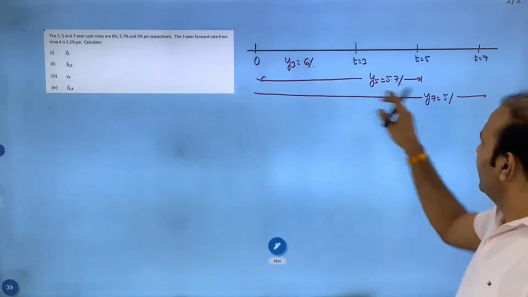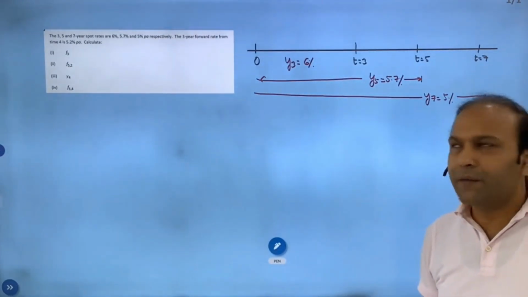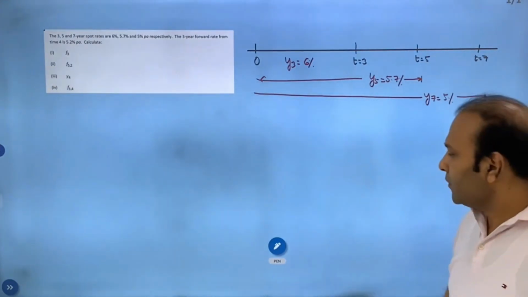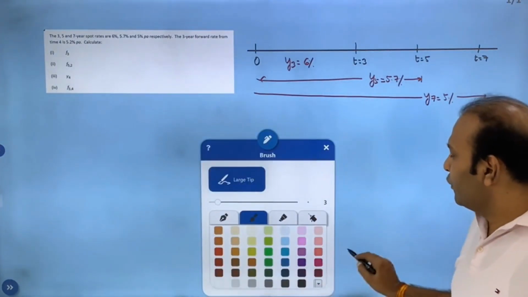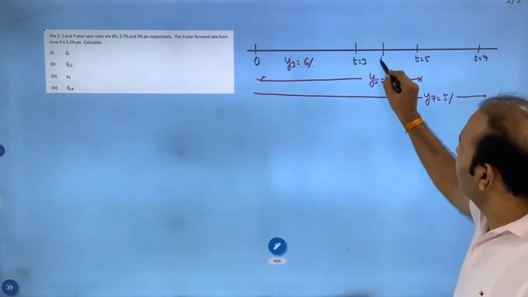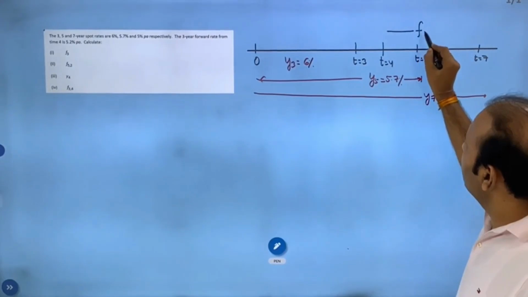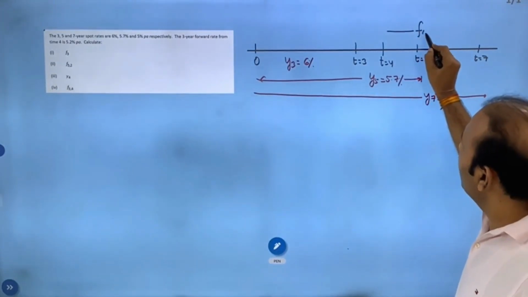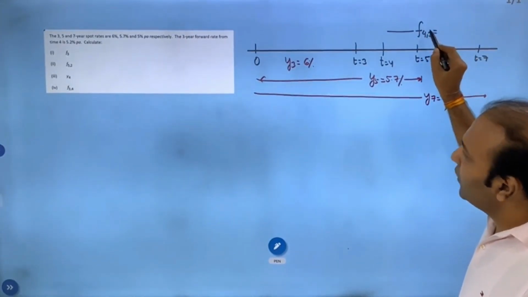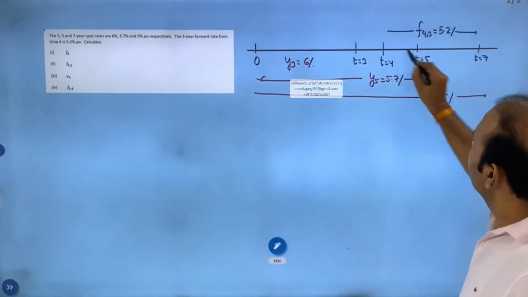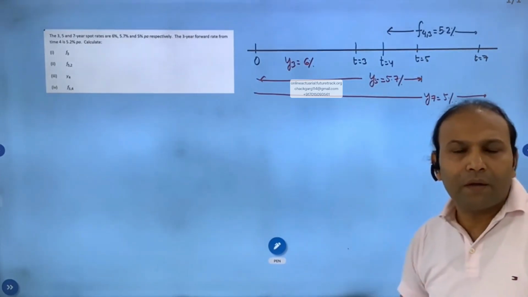See class, now we have a decreasing spot rate, right? Now class, 3 year forward rate from time 4, say 3 year spot rate, that is time 4 comma 3, that is equivalent to 5.2%. This is given to us, right?